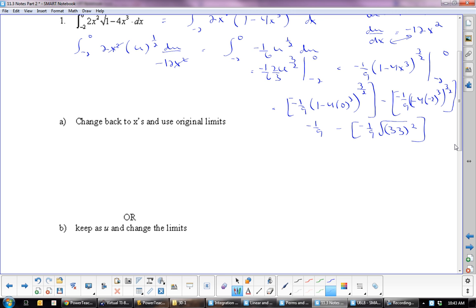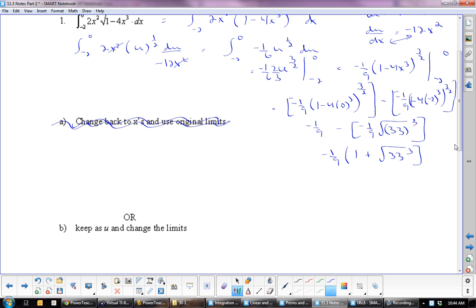Okay, so we could just take out a 1/9 or negative 1/9, leaving me with 1 plus root 33 squared. Cubed, sorry, that's cubed. It's 3 over 2. Yep. Okay, so we're just going to ignore this because we did it. Okay, so that's it. That's the only thing today.